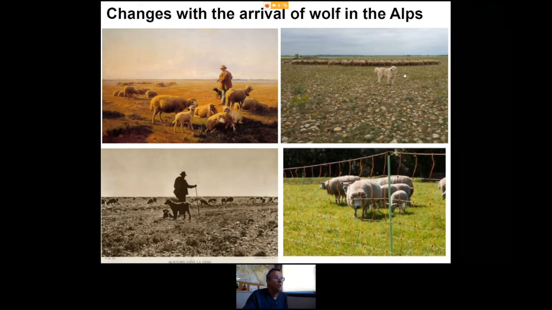We now have more and more dogs for the defense of the flock, and you have to take real care of these dogs. And there is more and more use of fenced areas for keeping the sheep instead of using shepherds. So that makes it an area of millennia of grazing, but now with real changes in the grazing practice.